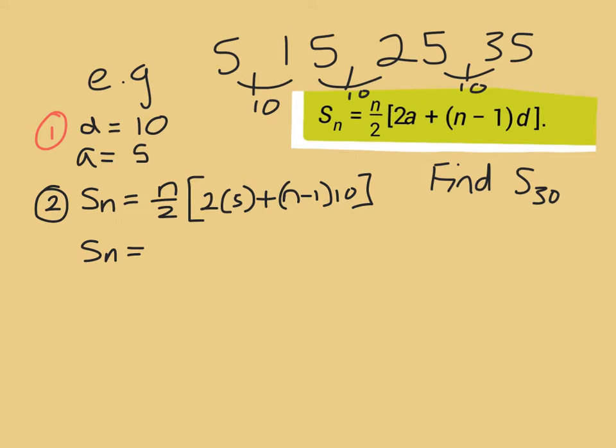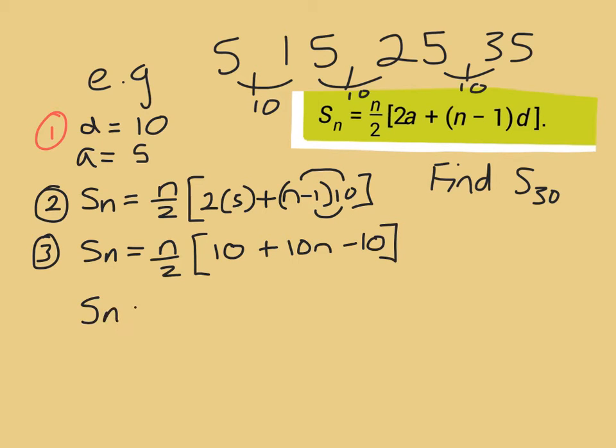On my next line, because I'm going to simplify that further, I'm just going to put step 3 is simplify: n over 2, 2 by 5 is 10, plus, and remember we have to multiply 10 by n and 10 by minus 1. So I get 10n minus 10.